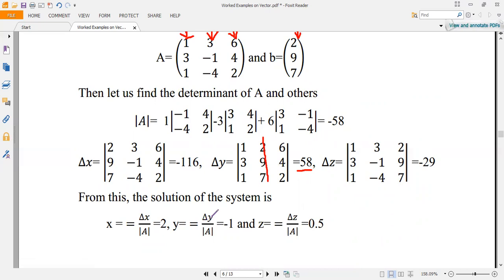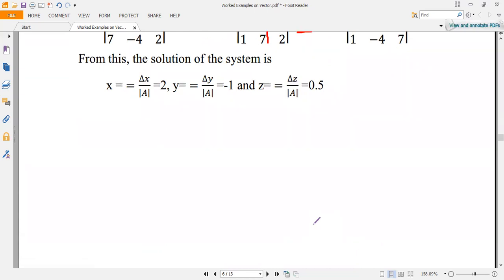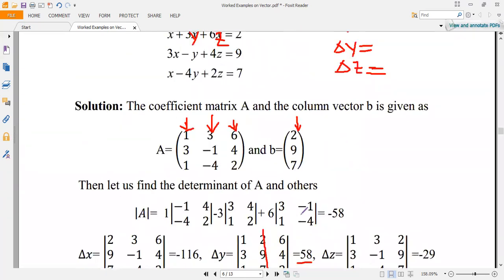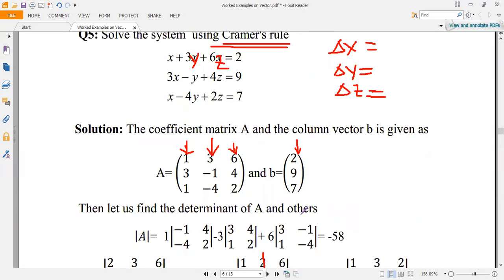And y is the change in y over the determinant of the coefficient matrix, which is minus 58 over minus 58, which is minus 1. And z is minus 29 over the determinant of the coefficient matrix, which is minus 58, which is 0.5 or 1 over 2. So this is how to use Cramer's rule to find the solution for a given system of linear equations.